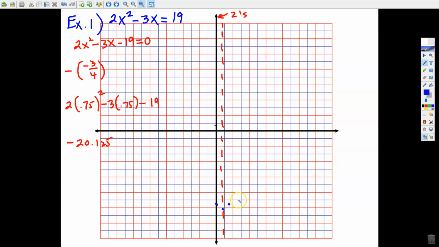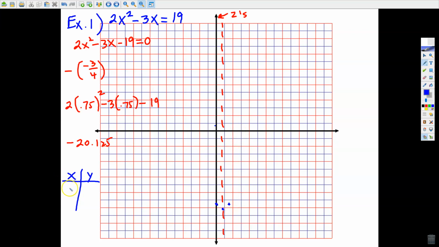Okay, now we're going to just do some inputs, outputs using our calculator. So let's take, for example, what is 2? If we input 2, we got 1.5 by virtue of the matching up the y-intercept. We know what 1.5 is. That should be negative 19.